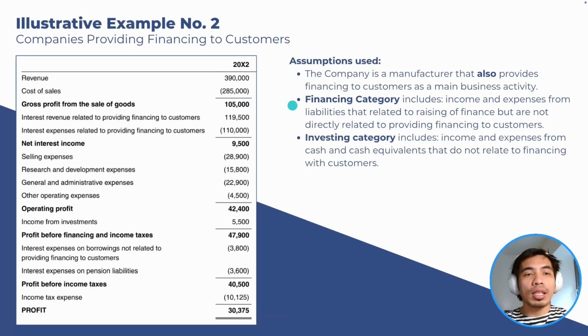So here they selected the financing category, which means that the two new subtotals should be present in the income statement. You see here, profit before financing and income taxes, because all of the other type 1 liabilities, if they are not related to providing financing to customers, are put here. That's why it's still safe to use it. So that's the only thing that I wanted to show you here.